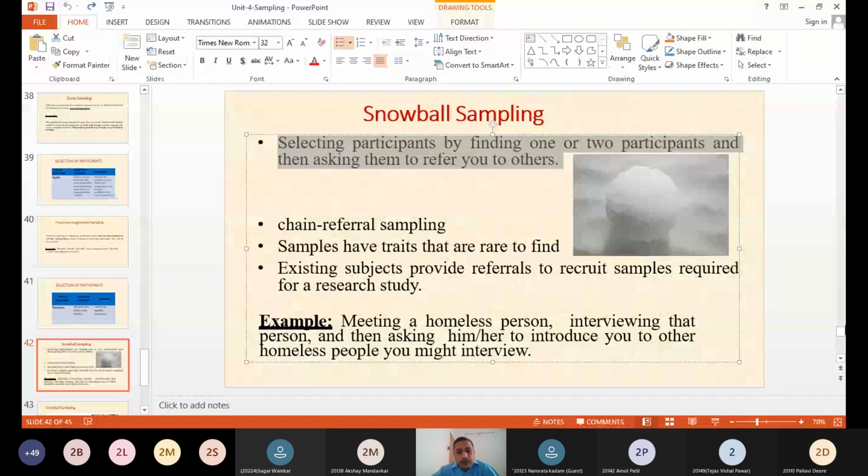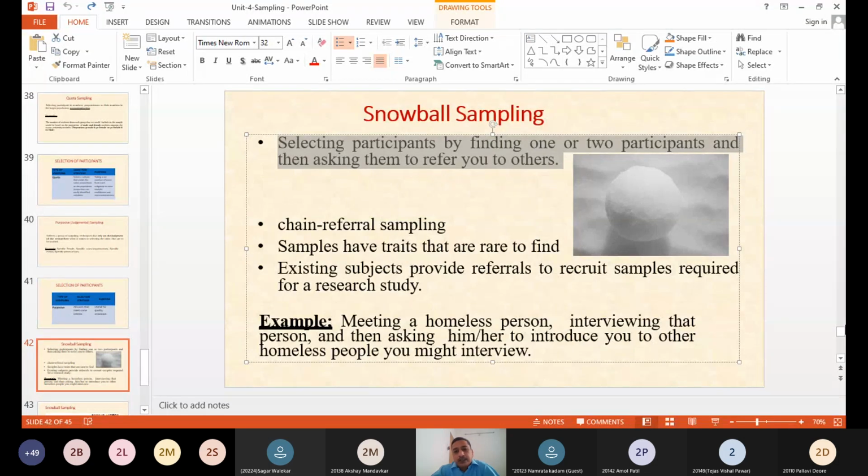So what he will do is he will contact one or two known people whom he finds, and then he will go on asking for the contact details of other people who have migrated from other states to Pune city. As he starts his survey, he will keep finding contact details of other such people, and he will go on including all those individuals as he goes ahead.